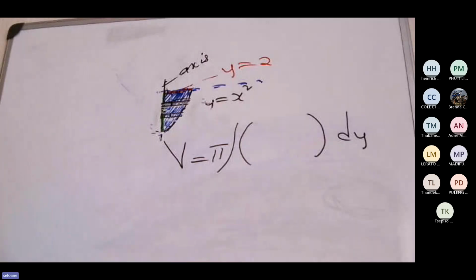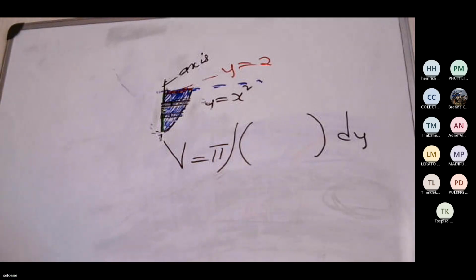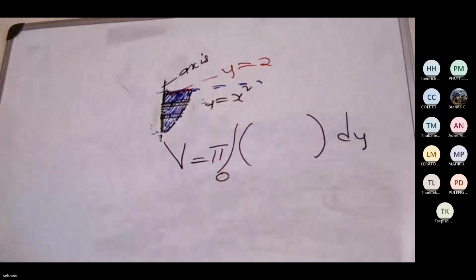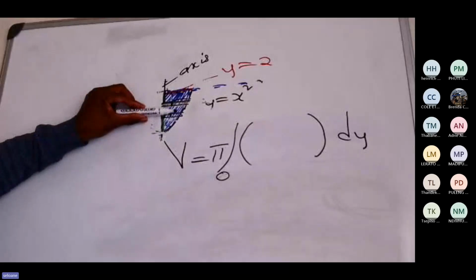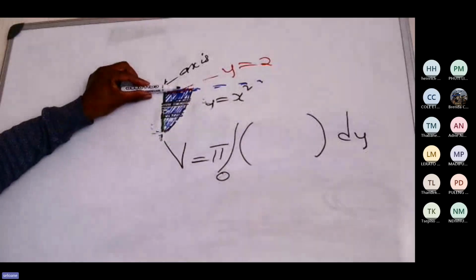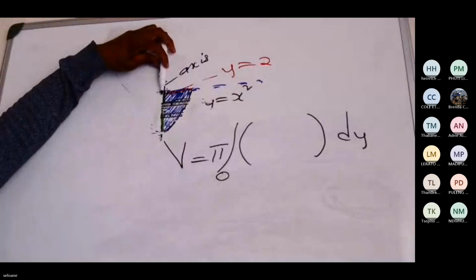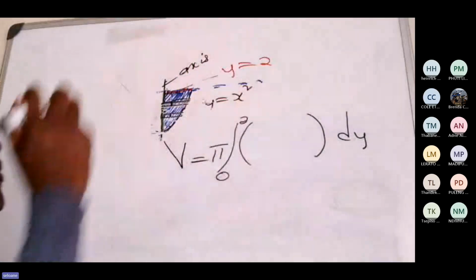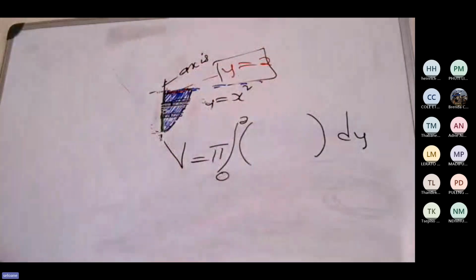You write 0. And this region continues until where y is how much? That is the last value of y here. We have said it is 2. That is y equal to 2.